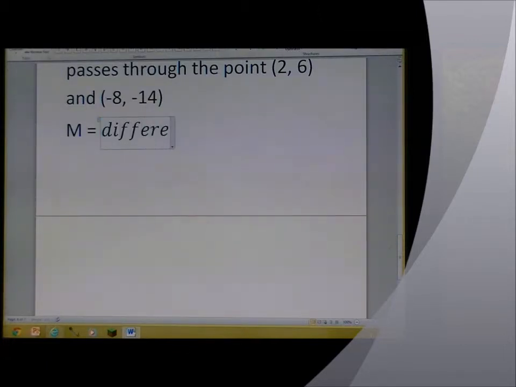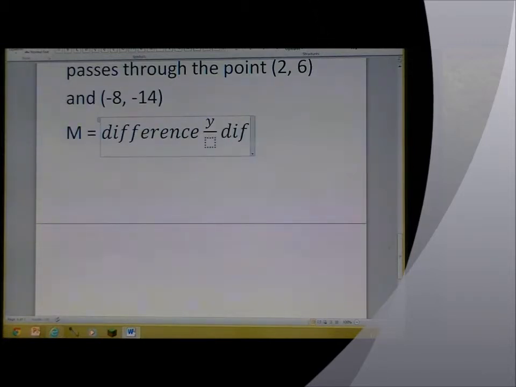I'll write it as a difference of the y's over the difference, or the difference, I think I'll write it with just a slash.